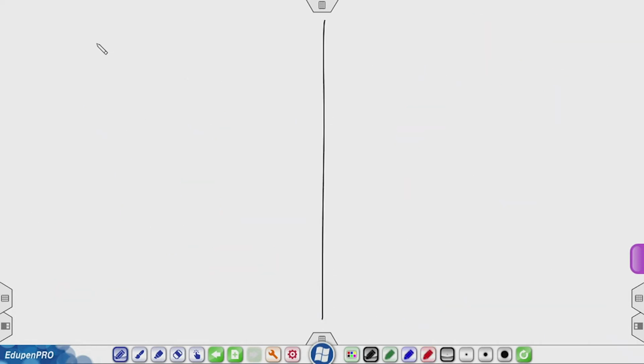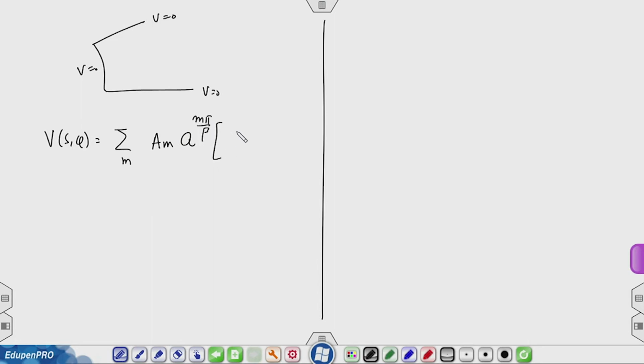So, for this problem, where I have been given that V is 0 at these surfaces, the solution V s phi is summation m a m a raised to m pi over beta, s over a raised to m pi over beta minus a over s raised to m pi over beta times sine of m pi over beta phi.